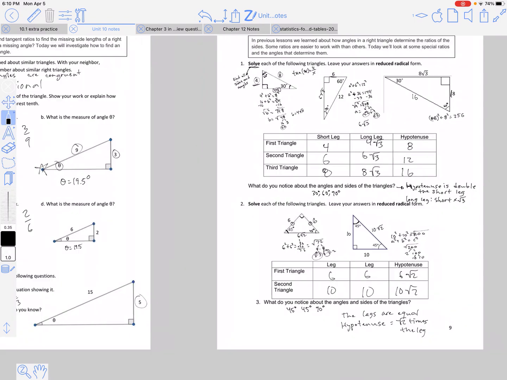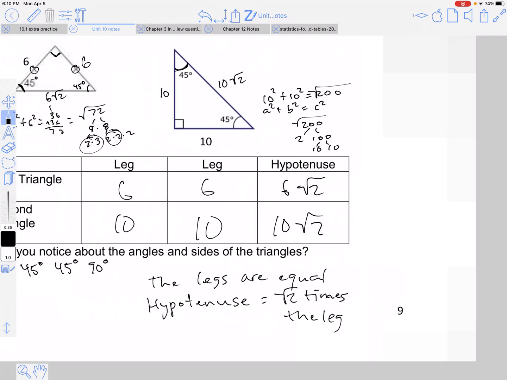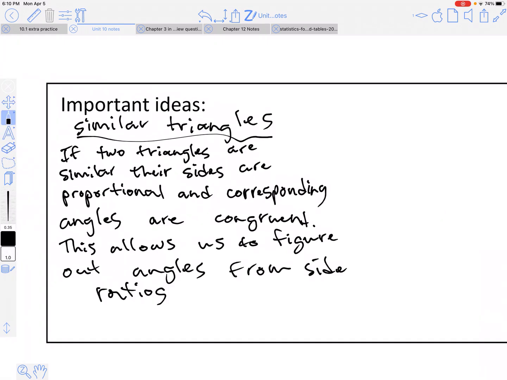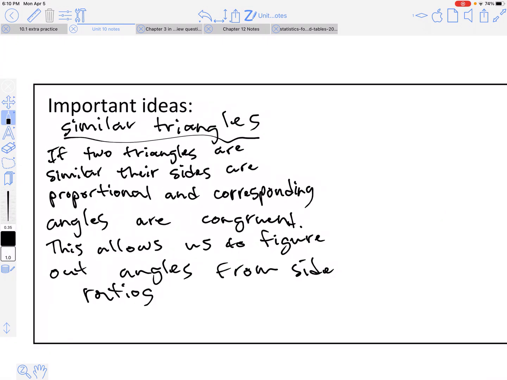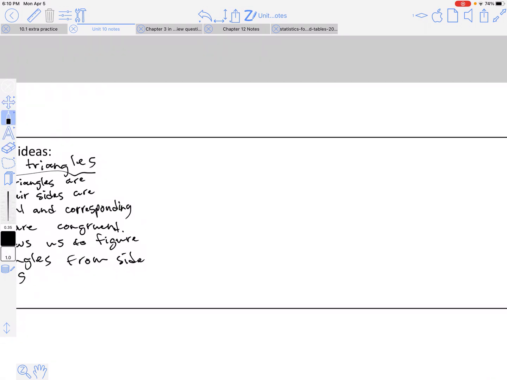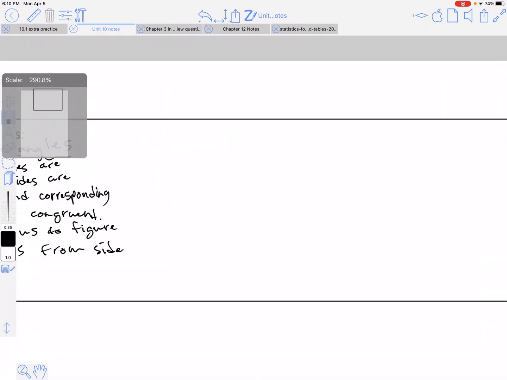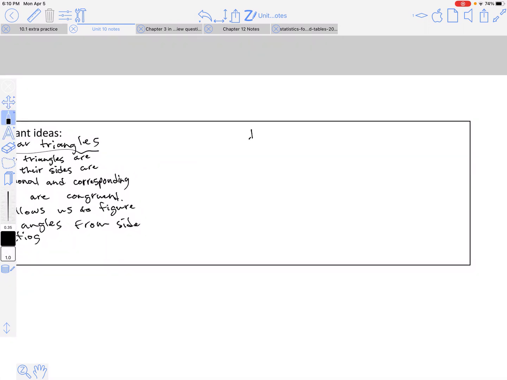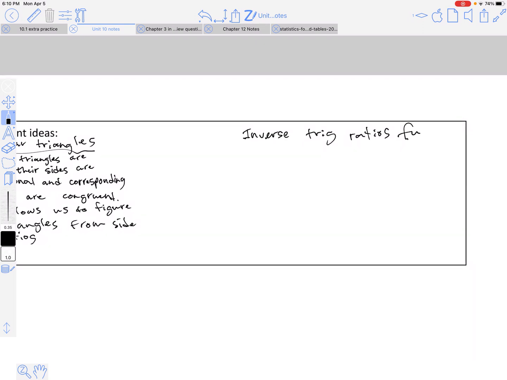And by understanding that fact, we can then use, as I'll show you in a second, inverse trig ratios, or functions, to find angles, okay?